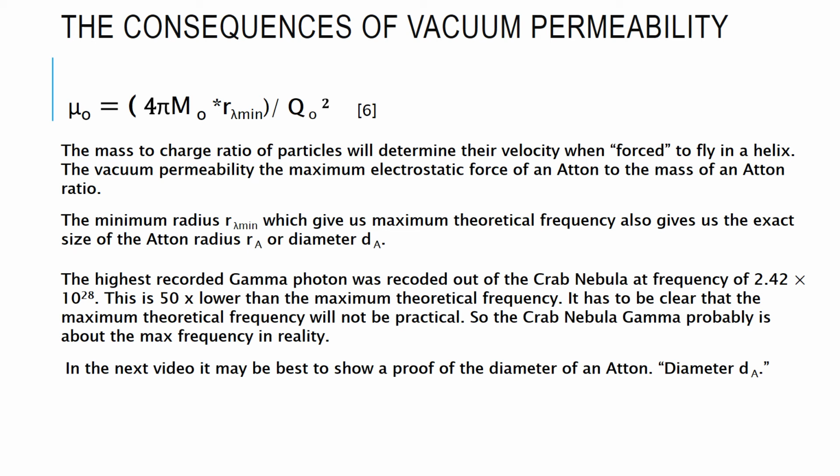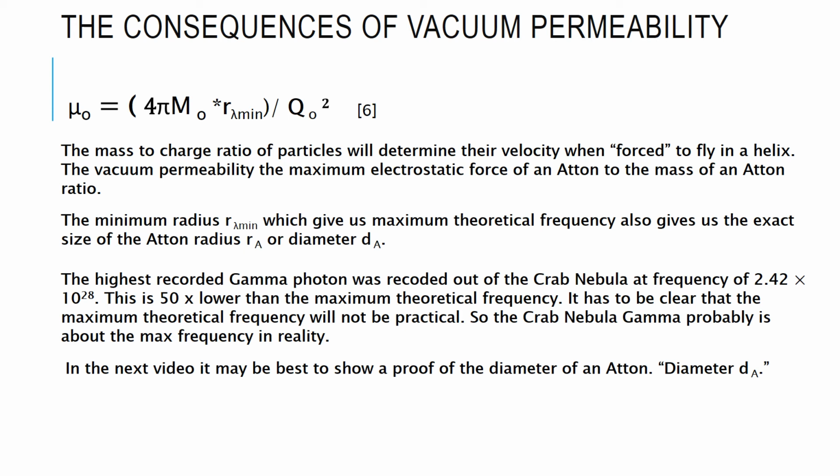You might get closer to it, like 20 times lower, but I think the Crab Nebula gamma ray probably is about the max frequency in all reality that we achieve in a practical sense.